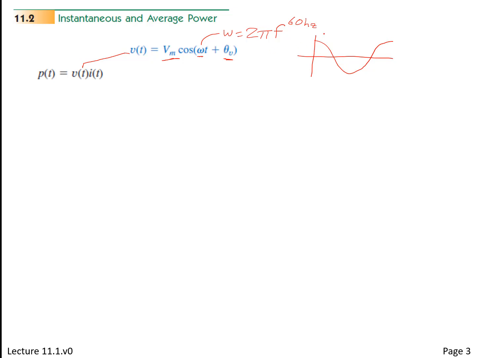But this would be theta equals 0 degrees. There's no offset. If I have some offset, what happens? The theta is going to move this either back here or over here, depending upon the sign, plus or minus.